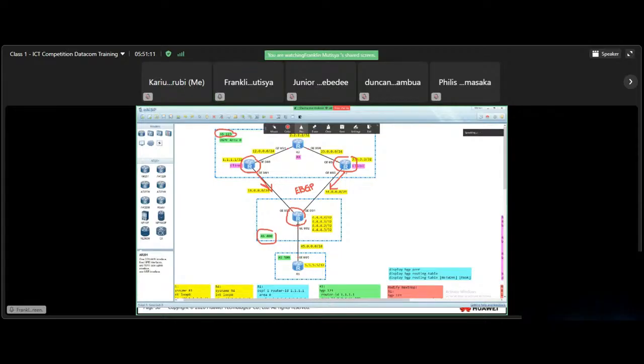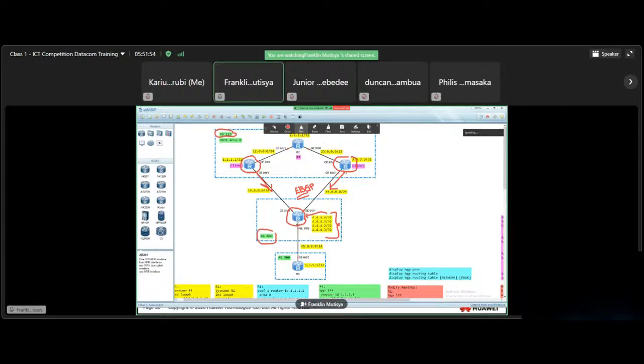We have said that to advertise routes in the BGP network, we use the network command or the import-route command. So you can have these routes injected into your BGP using those two methods. Once these routes have been injected on this router, which is connecting to these other sites using eBGP, the rule is that all eBGP routes are advertised to all BGP peers.